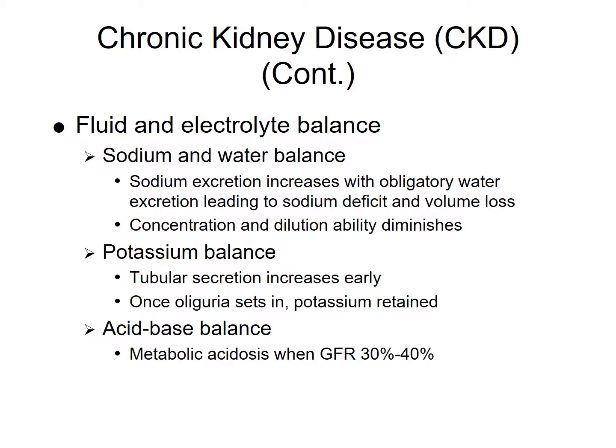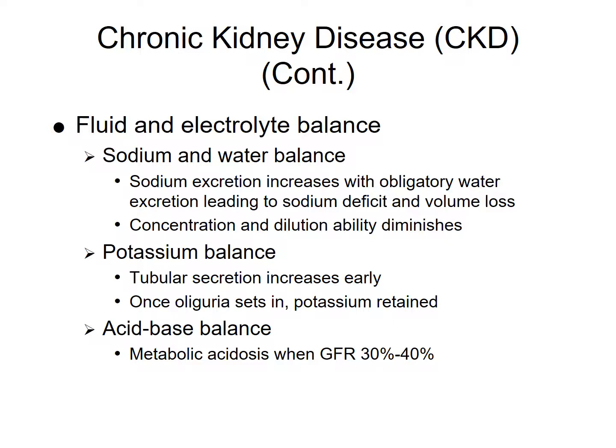Fluid and electrolyte balance. So remember, salt loves water. So sodium excretion increases with obligatory water excretion, leading to sodium deficit and volume loss. Concentration and dilution ability diminishes. Potassium balance is all messed up because potassium and sodium are dependent on each other.